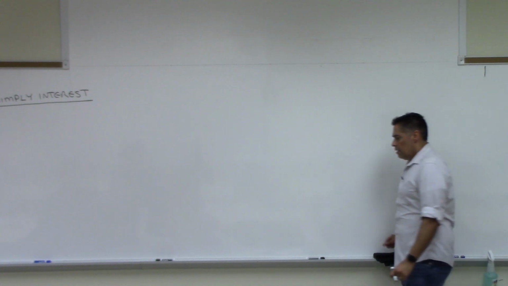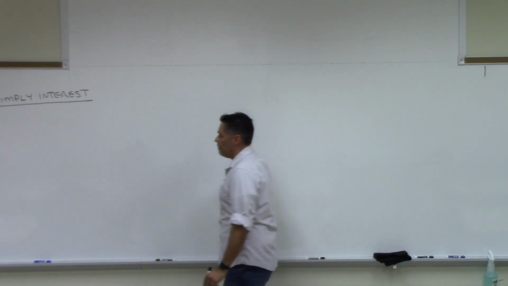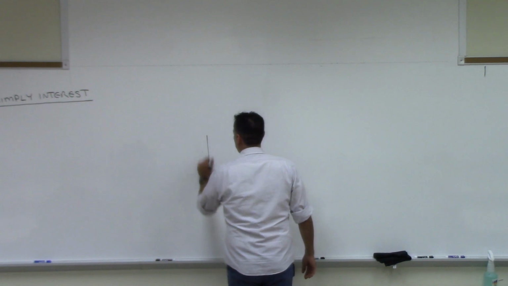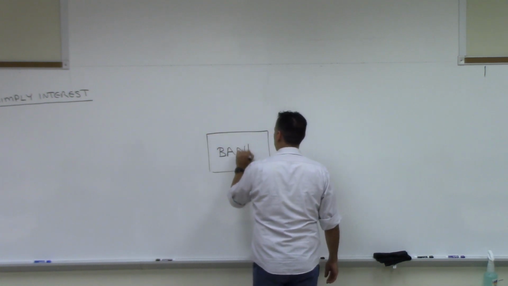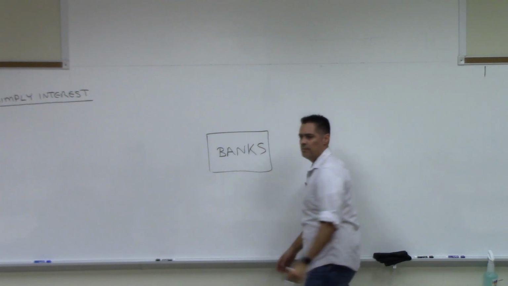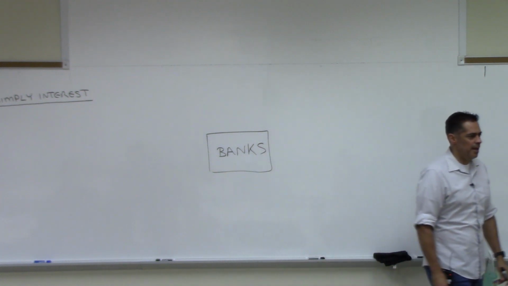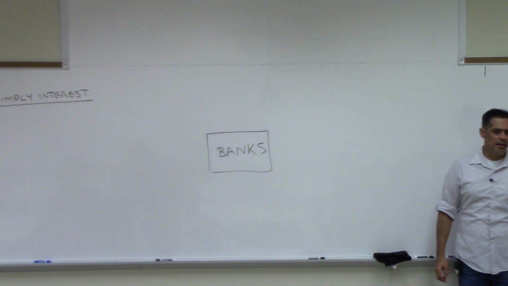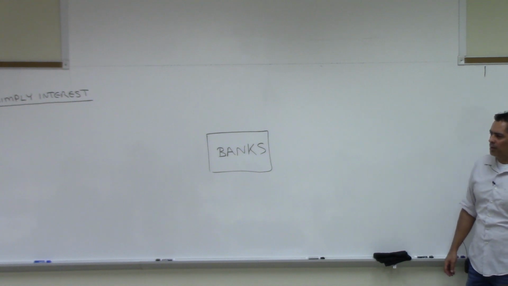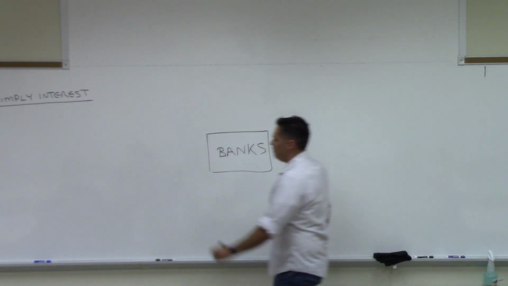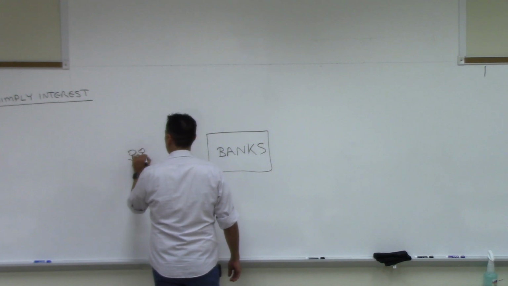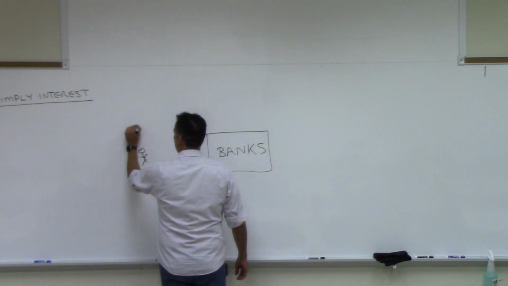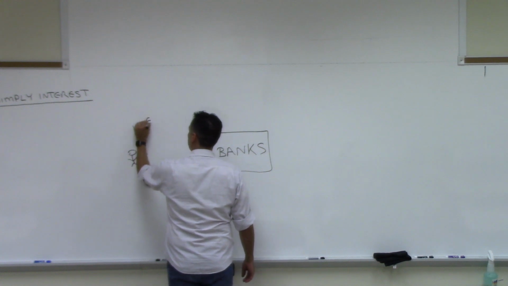So, there's a lot of talk in the news right now about banks, right? There's been some turmoil in the banks lately. So how do banks work? You have people over here, right? You've got all these people over here that have money, right?